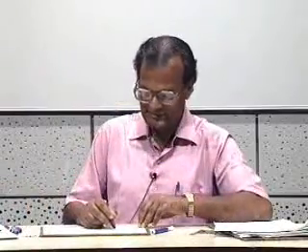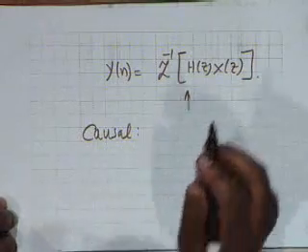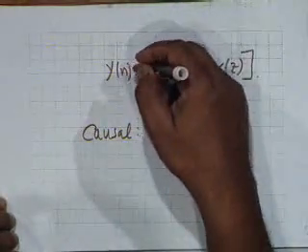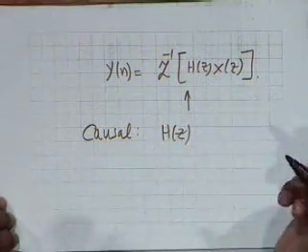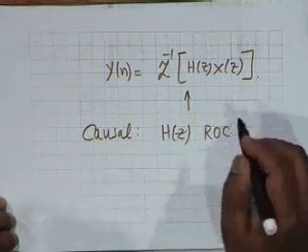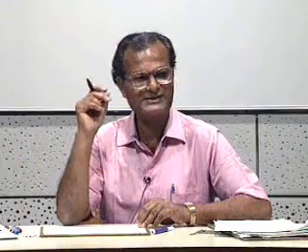Now, if the system is causal, then you know that for capital H of Z, where shall the ROC be? Outside, not necessarily the unit circle, outside a circle.